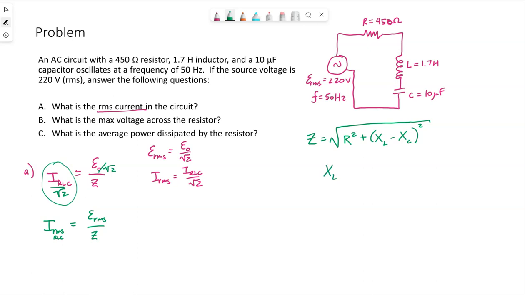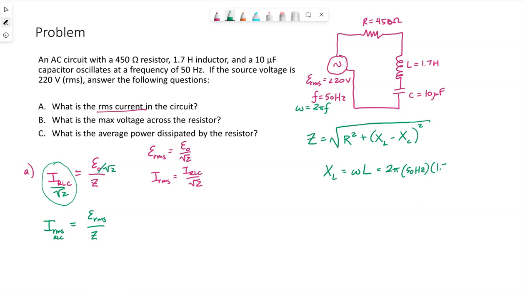XL, we know, is omega times L. We're not given omega, we're given frequency, but omega is just 2 pi f. So we would have 2 pi times the 50 hertz, that is omega.